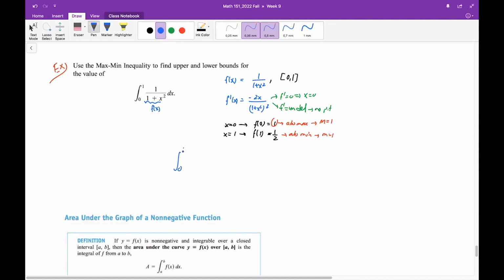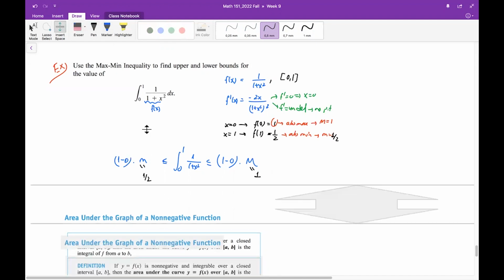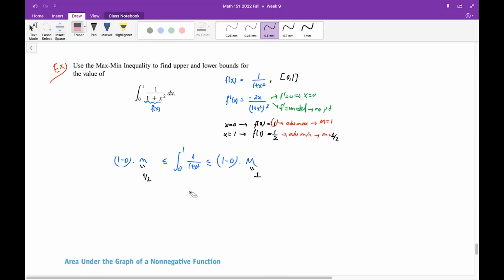The definite integral of this function should be between the length of the interval b minus a, 1 minus 0, times small m and big M, right? Where we computed this as 1 over 2, sorry, this should be 1 over 2, right? And this as 1. That's why we obtain these upper and lower bounds for our function.